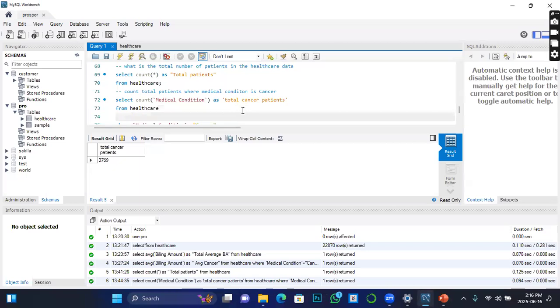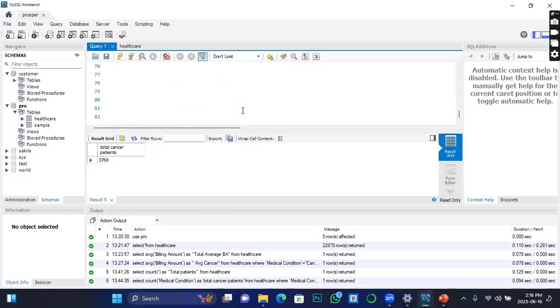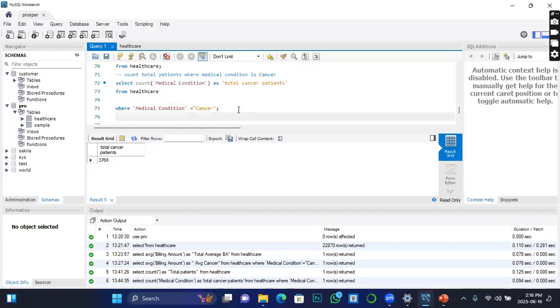So let's assume application of maximum function in SQL.